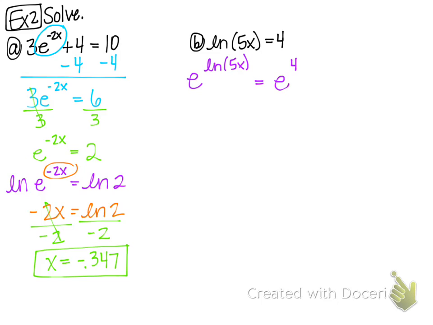So the property says that if we have e to the natural log of 5x, what we're left with is just 5x. Your calculator will calculate what e to the 4th power is, so we're just going to leave it for now. And then the last thing you got to do is just like any other algebraic equation. We need to divide by 5. So in your calculator, type in e to the 4th power divided by 5. You get 10.92.